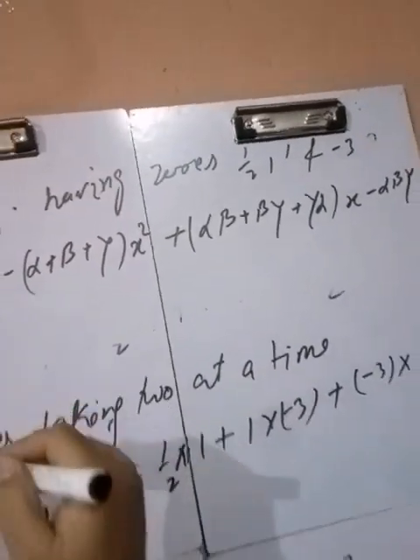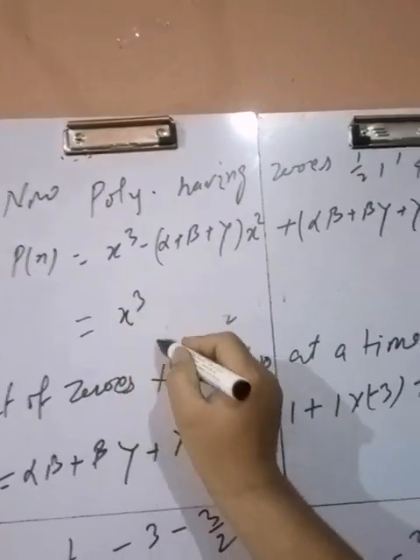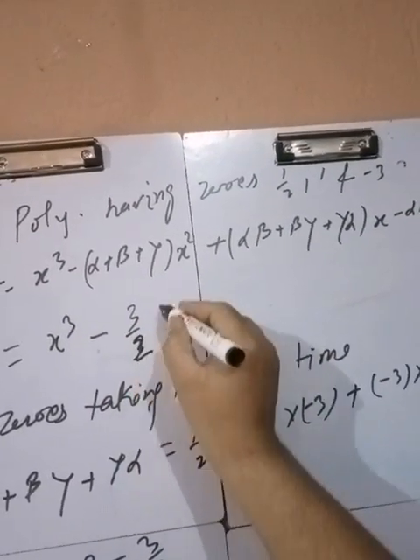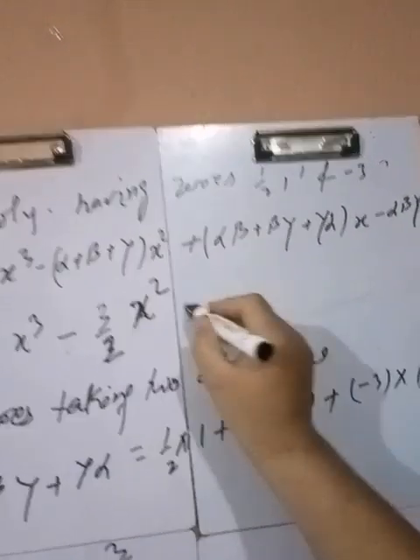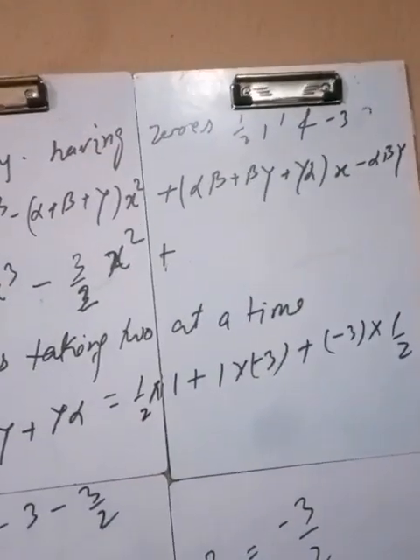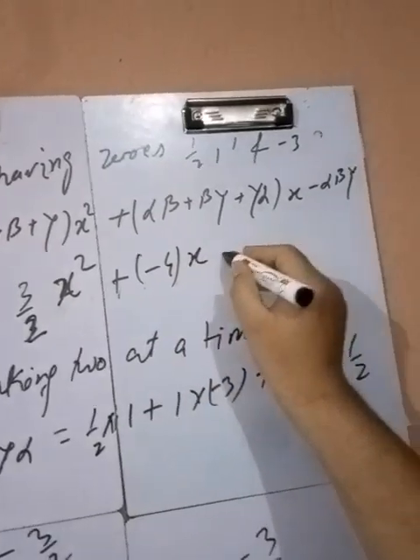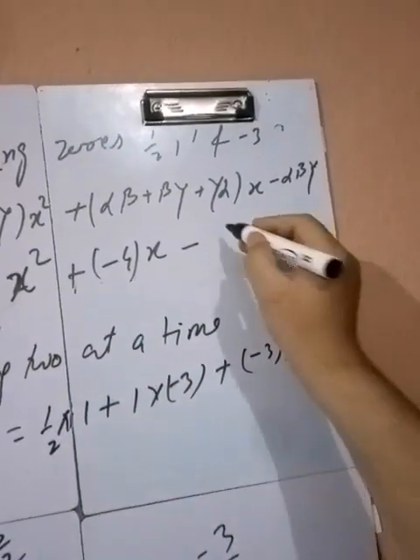In this situation we just put in the values. It will be x cube minus, we have got minus 3 by 2, so x square plus, we have got here -4 into x minus, we have got minus 3 by 2.